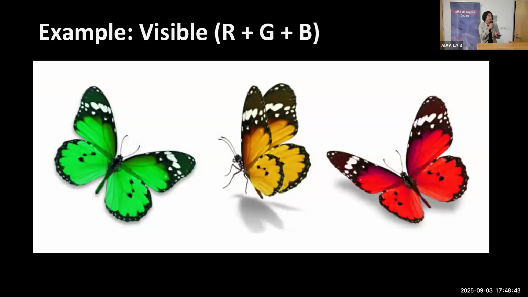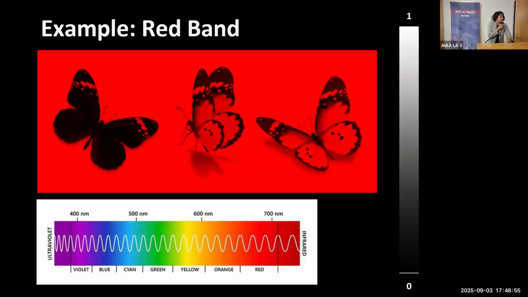This is just a simple example of how a satellite camera would see things. Take a picture of three butterflies. One is green, the middle one's yellow, and the right one is red. In the red band, because a red filter is applied, if you look at the normalized grayscale, the butterfly on the right that was predominantly red reflects really highly, meaning it's really white.